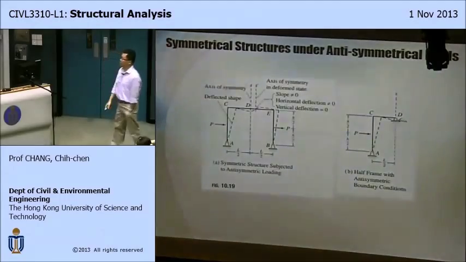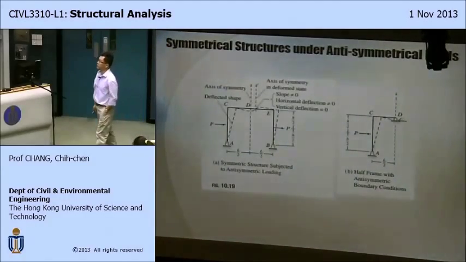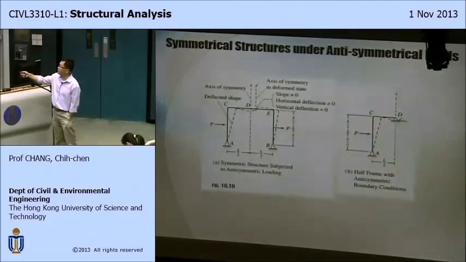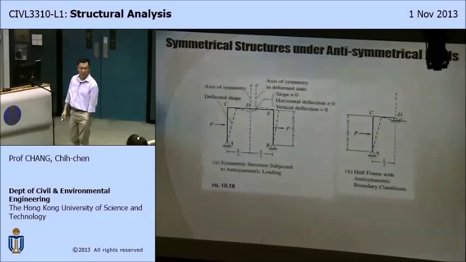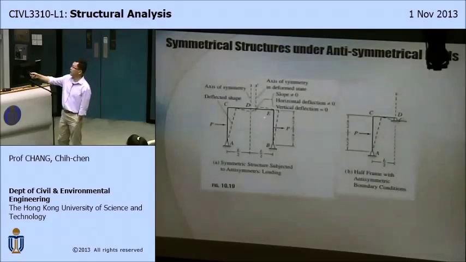Okay, so if you go to two-dimensional frame structures under anti-symmetrical loads, if the frame is symmetrical, then the deformations will be similar to what you saw just now, but they will have some sort of translations involved. So here is the loading, and this is a symmetrical structure.